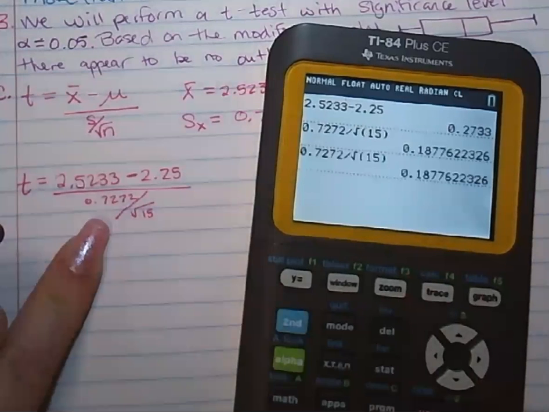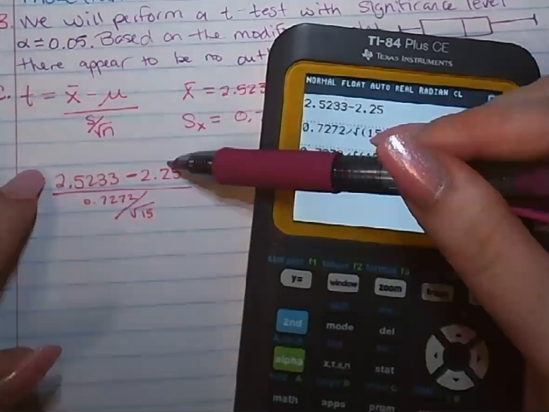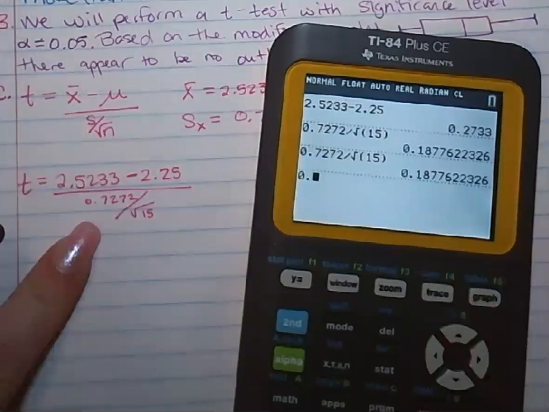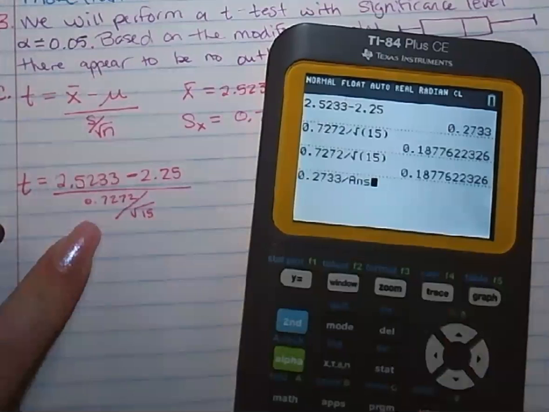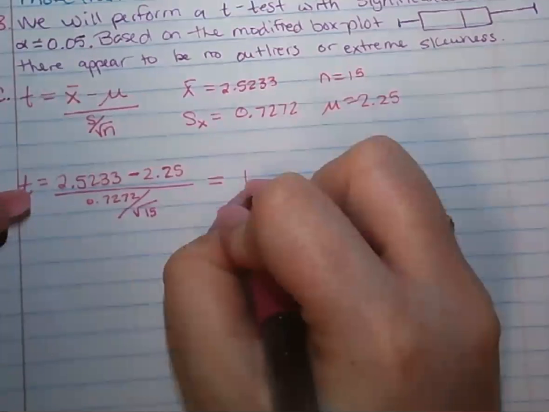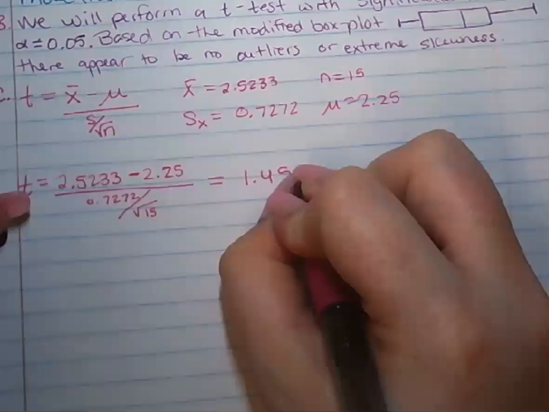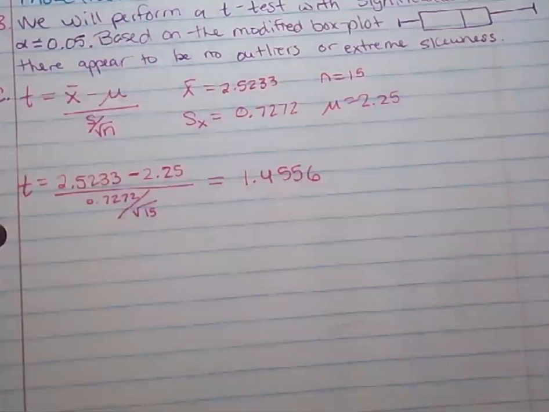Oops, which is 0.18776. And then I need to divide top by bottom. 0.2733 divided by that denominator gives us our t statistic, 1.4556. All right, there we go. So that's part C, calculated my t statistic.